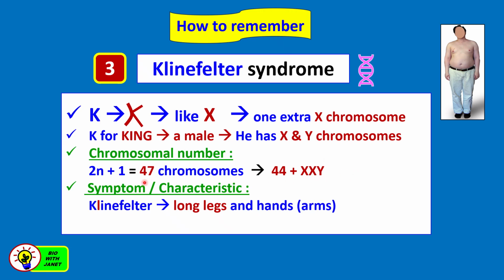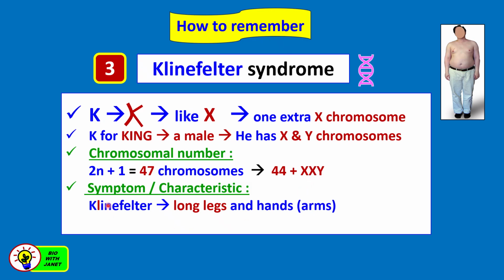So the chromosomal number is 2n plus 1 because of the extra X chromosome, so 47 chromosomes. Broken down into autosomes and sex chromosomes, it is 44 plus XXY, 3 sex chromosomes. It's a male because of the XY chromosomes, but there are certain female characteristics because of the extra X chromosome.